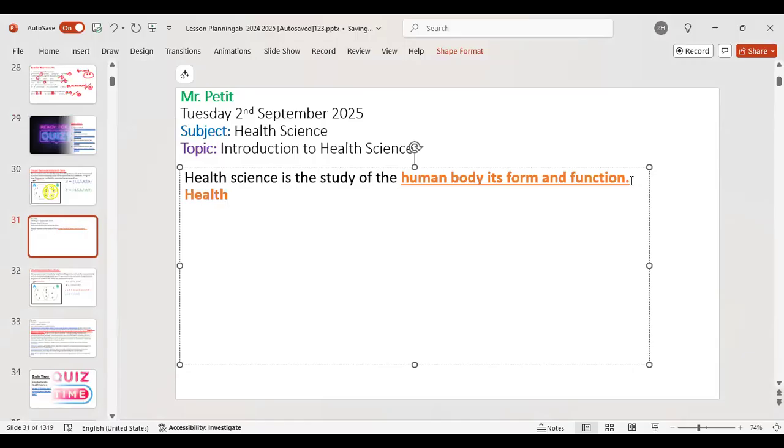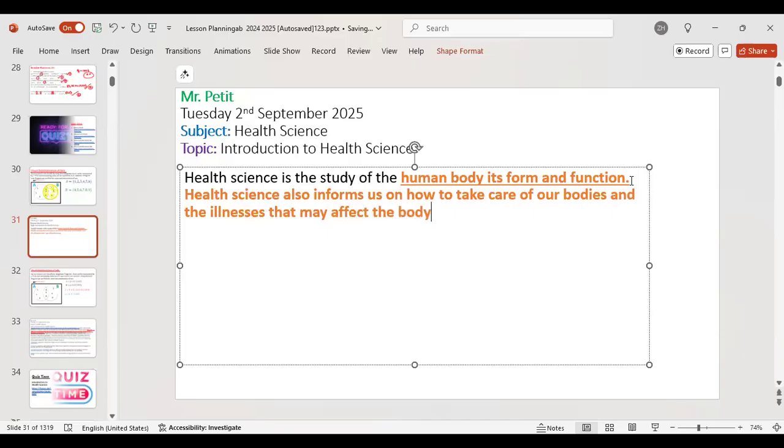Health science also informs us on how to take care of our bodies and the illnesses that may affect the body.